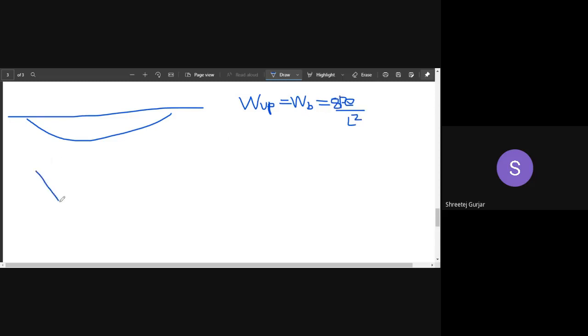And when we have a singly harped tendon like this, WB is equal to what?